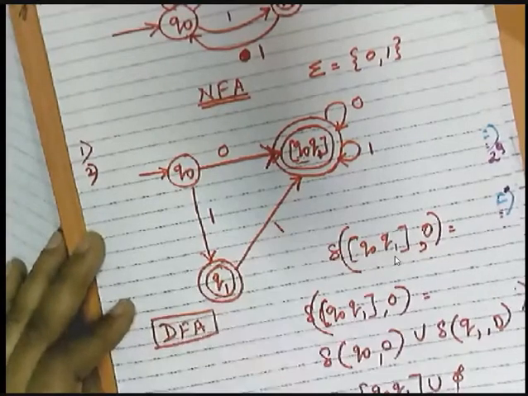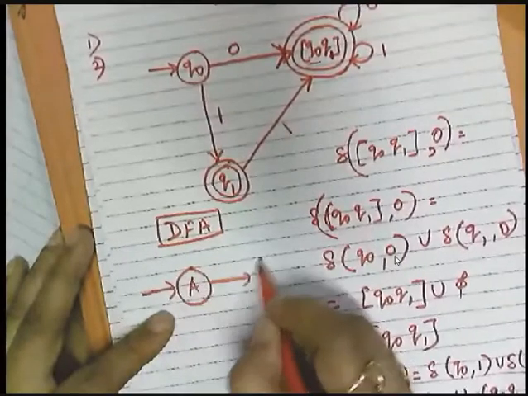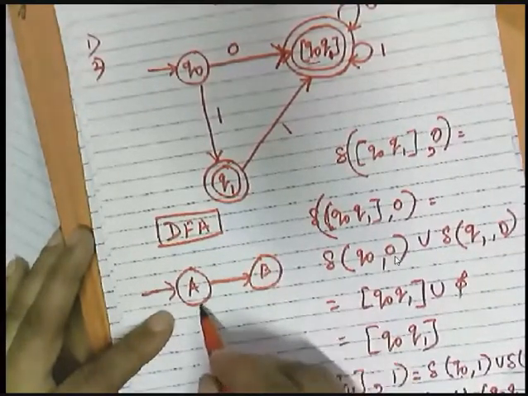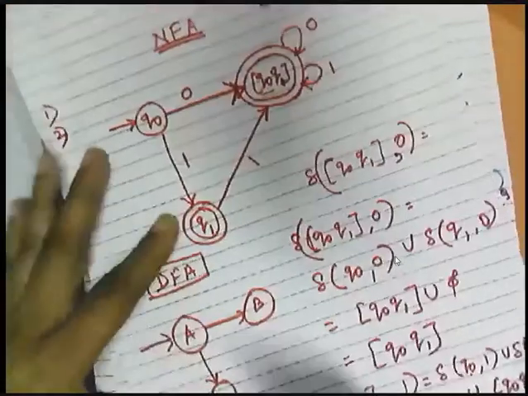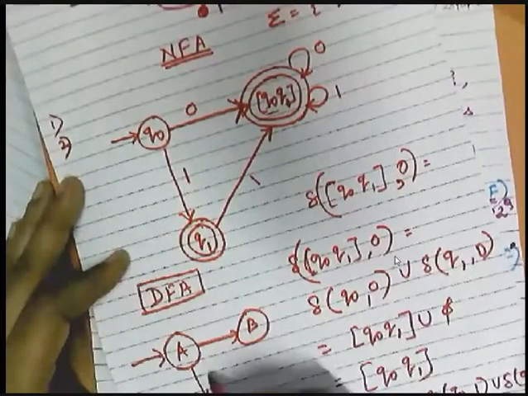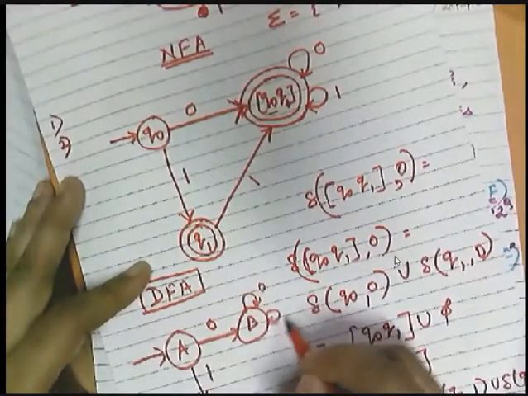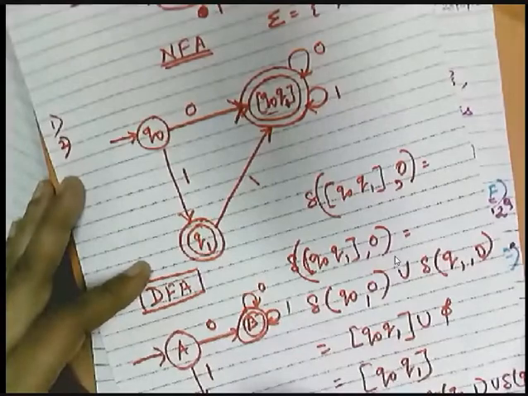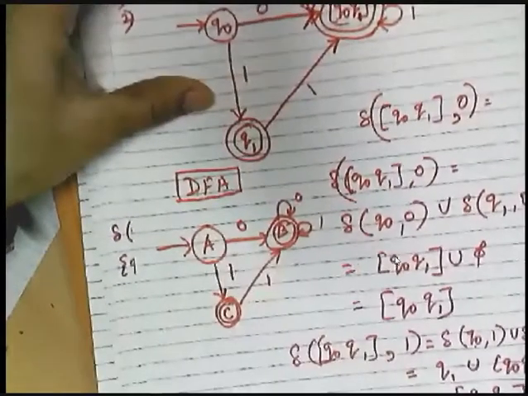If you again name the states A, B and C, in our last discussion we had named them ABC, so accordingly you can make it. So I am making it here, maybe this will be B, C, with 0 and 1. This is a final state, this is a final state, and then on 1 you are moving to this. So this is your finalized DFA.